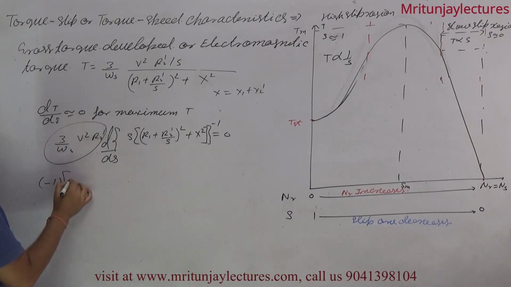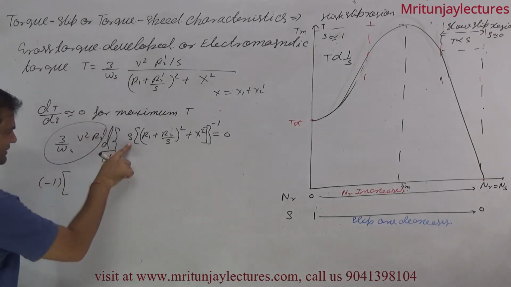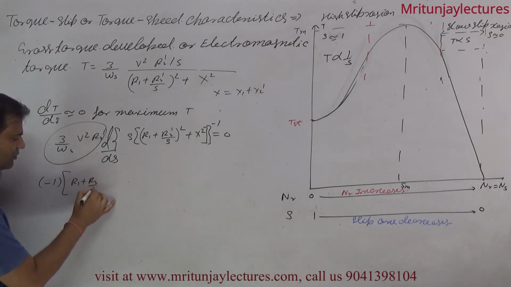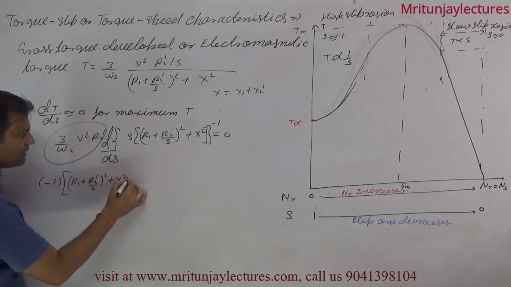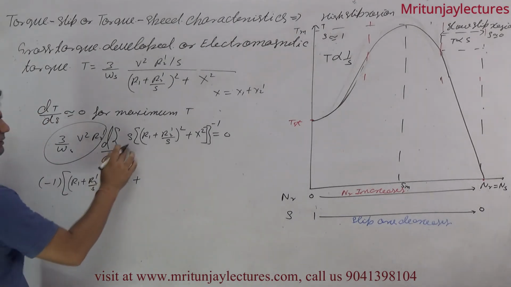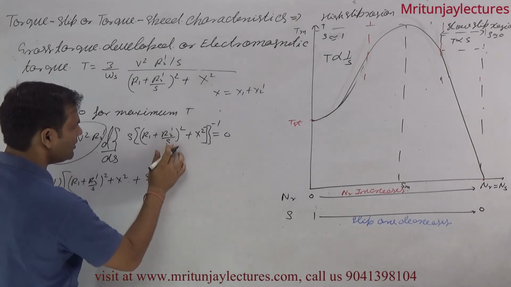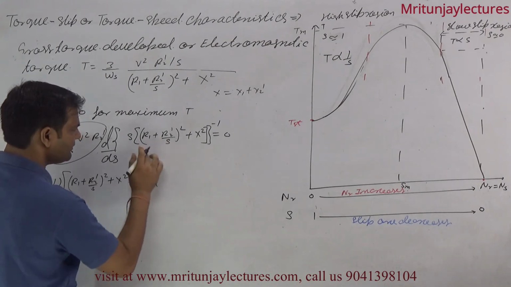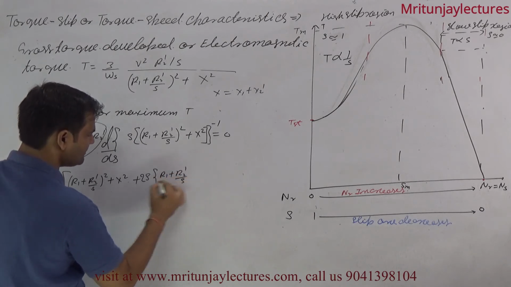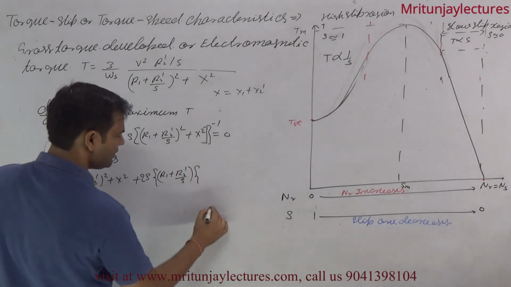As this is equal to 1, differentiate s with respect to s, ds by ds, that is 1, so (r1 + r2')² + x² plus s into 2 times (r1 + r2')/s into 1/s.